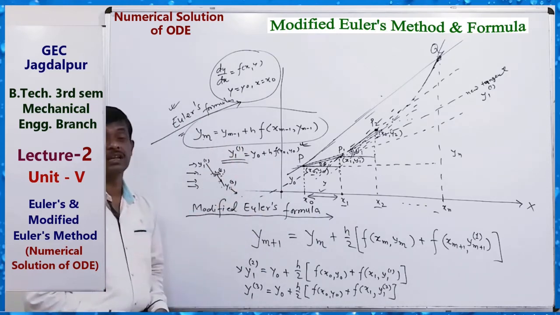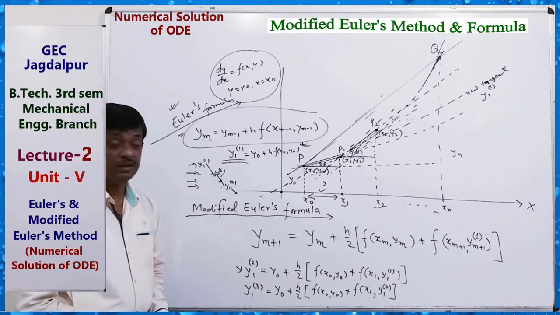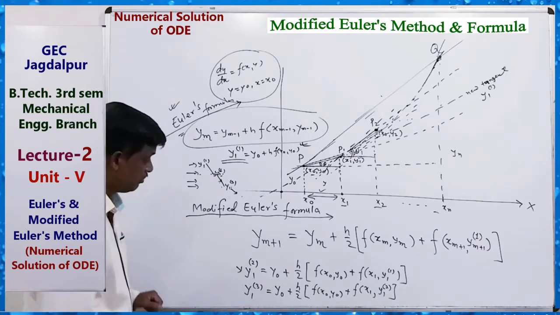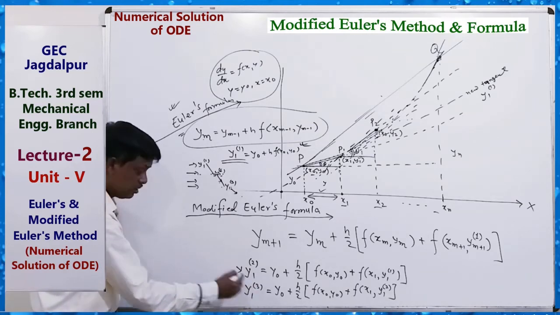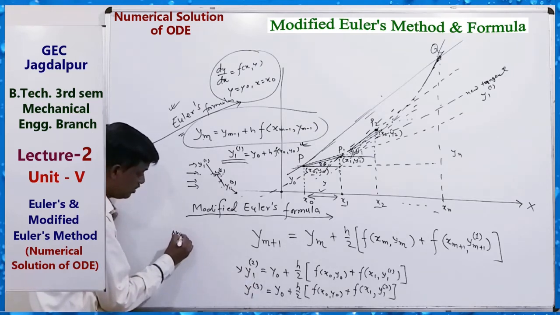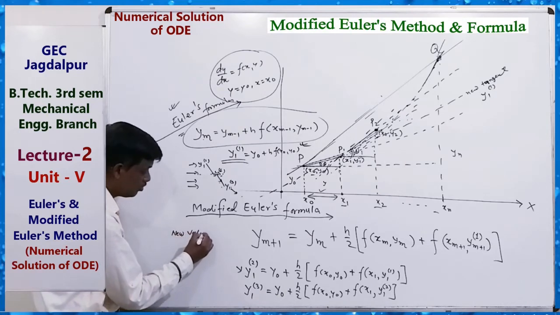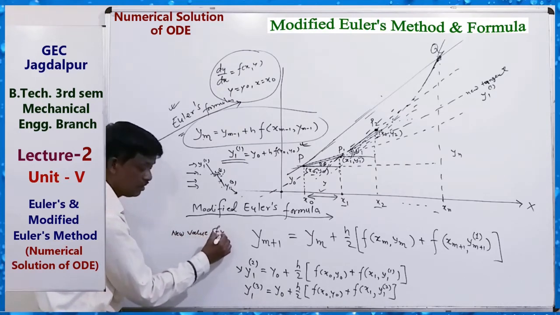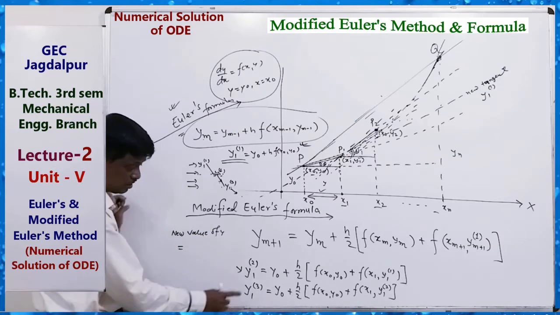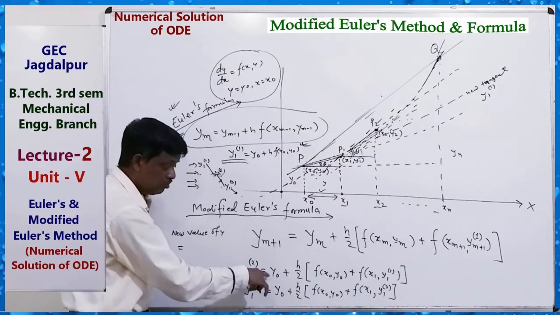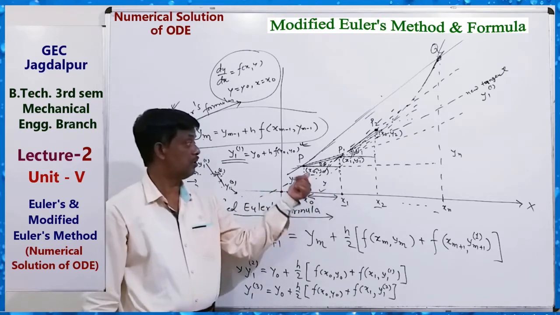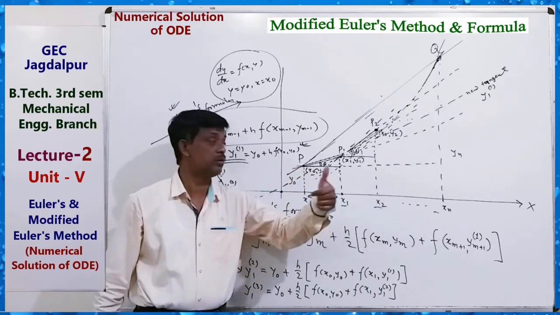This calculation can be done in a table very easily. This is the new value of y. So you can write the new value of y equals what? Here, the old value: for this interval, the old value is y0. For this interval, the old value is y1.